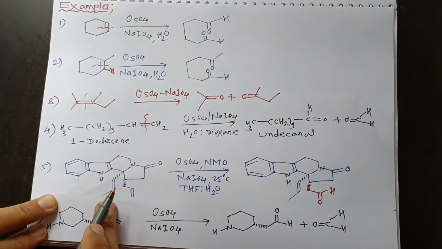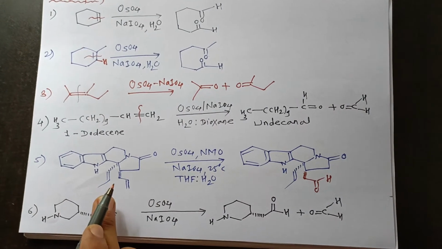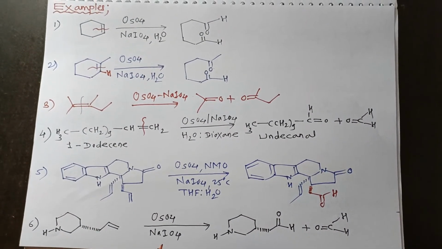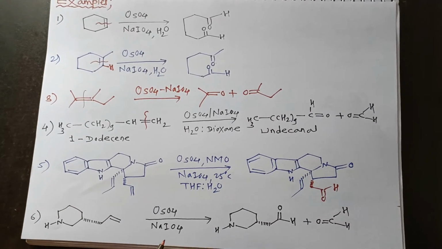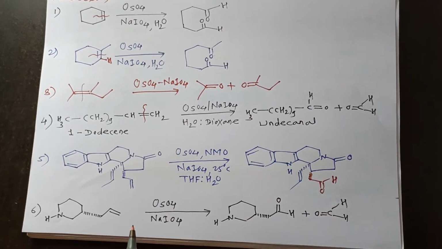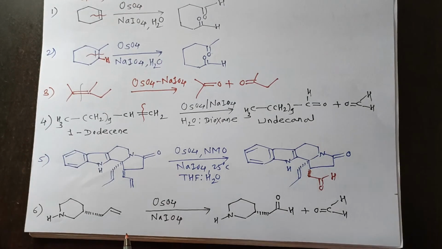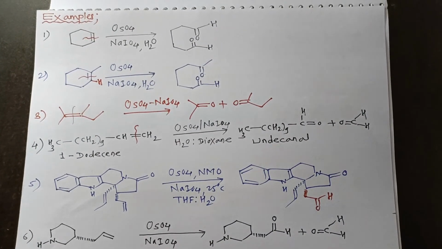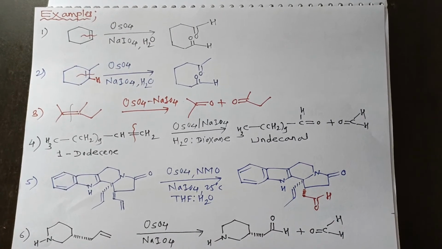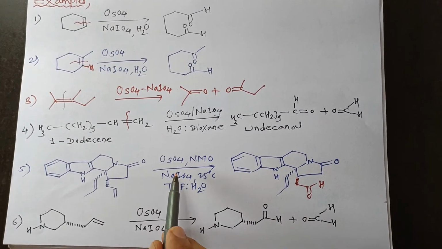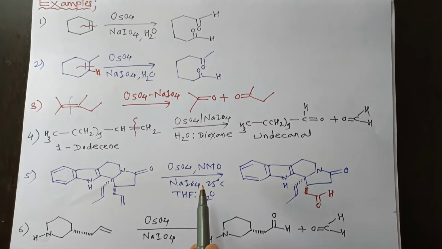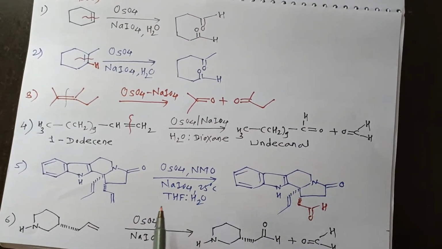This structure is from the synthesis of the 7-cyanidine E molecule, a naturally important molecule. As earlier stated, osmium tetroxide with NaIO4 is widely used in the synthesis of many naturally important molecules.